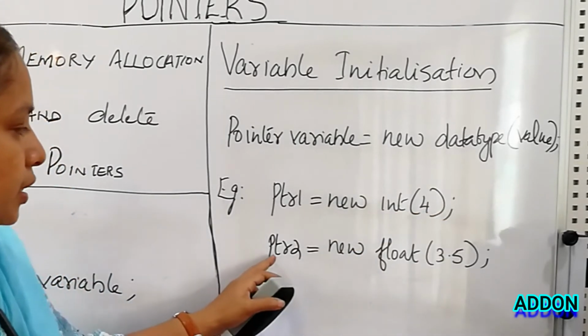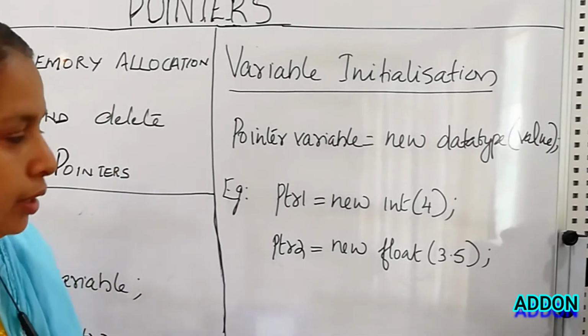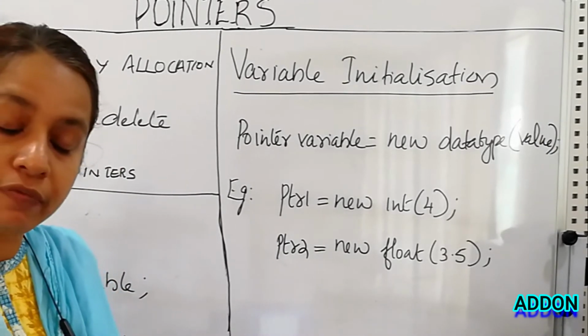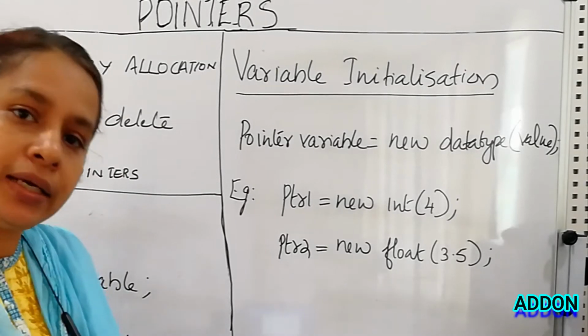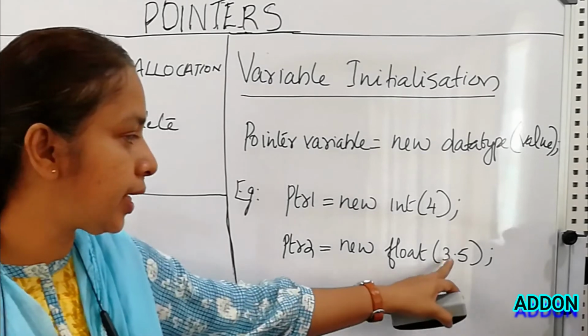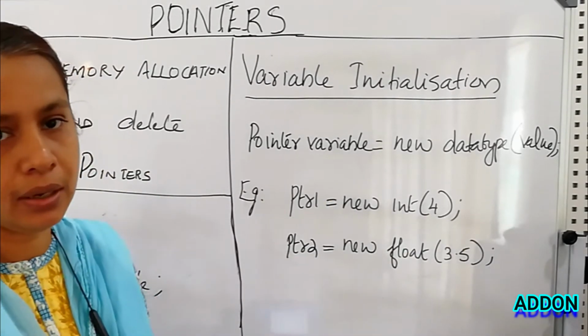Now the second statement is ptr2 is equal to new float of 3.5. What does it mean? The new operator allocates 4 bytes of memory for storing floating point data, and along with the memory allocation, the data 3.5 is assigned to that memory location.